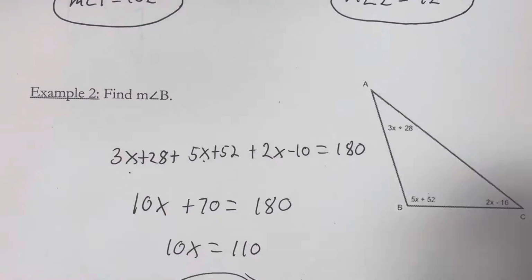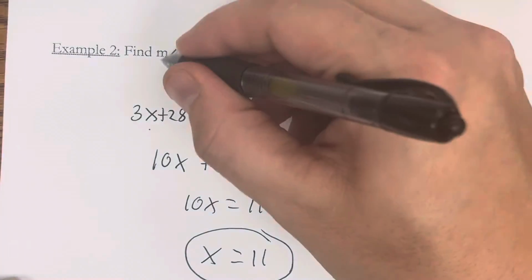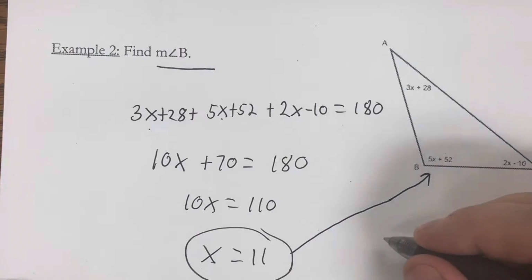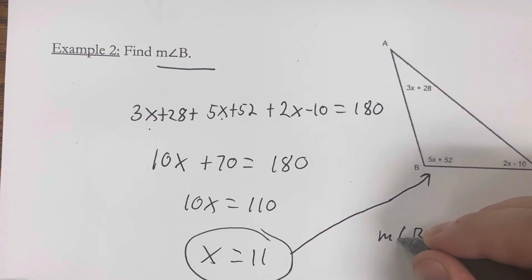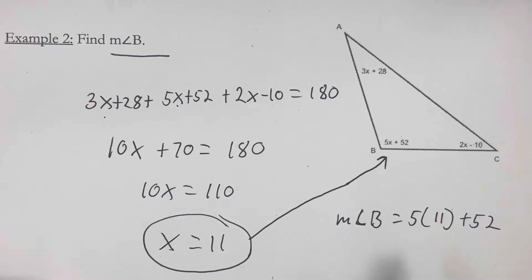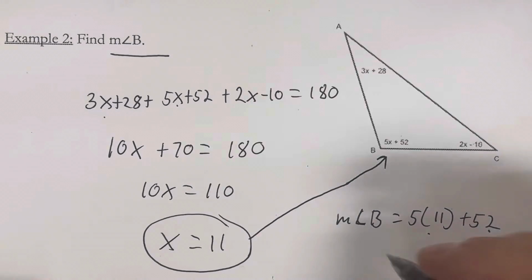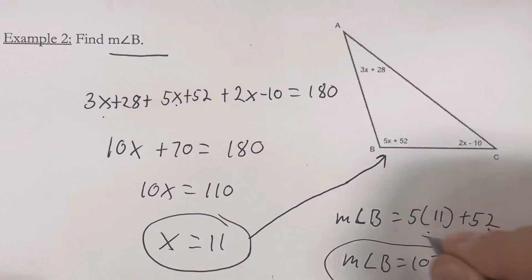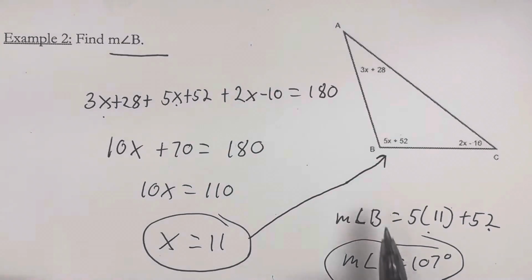Now the question, however, said to find angle B. So I have to plug 11 back in to find angle B. So the measure of angle B is equal to 5 times 11 plus 52. So that would be 55 plus 52. And 55 plus 52 is 107. And that would be an obtuse triangle.